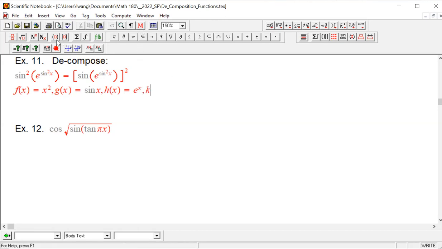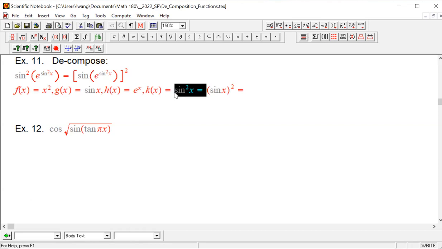k of x, what would that be? I just omitted the rest, right? And sine x, what is this? This is too complicated too. So knowing this is sine x squared, the next function is going to be something squared.